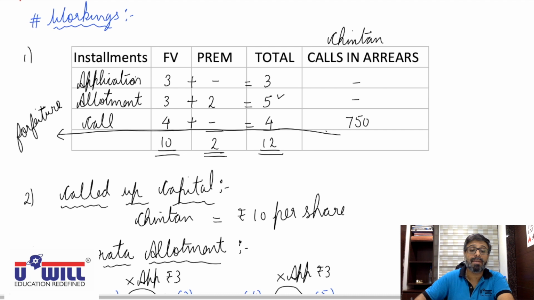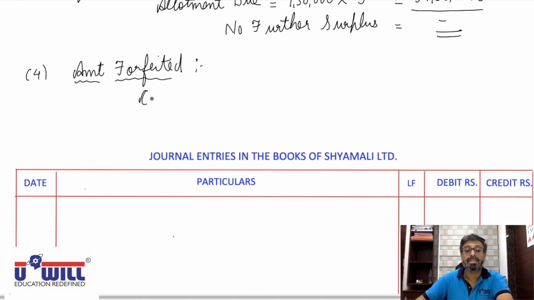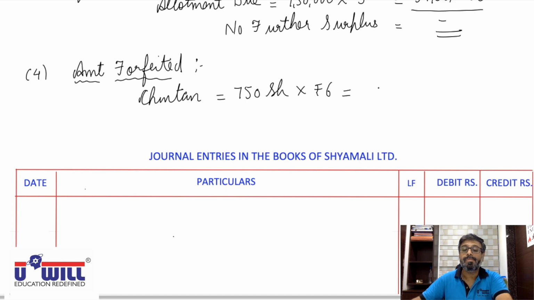Okay, so cross multiply, if you all remember, 750 shares multiplied by, cross multiply with 3 plus 3, 6. So what will be the amount forfeited on Chintan's shares? 750 shares multiplied by 6 rupees, 4,500.